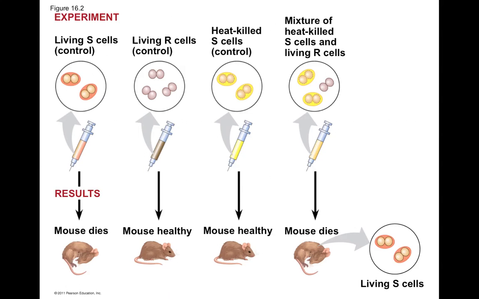And he called them the S strain and the R strain. So S was for smooth, and R was for rough. Because when he looked at these colonies growing on a Petri plate, he found that the pathogenic ones looked smooth around their edges, while the non-pathogenic ones looked rough around the edges.